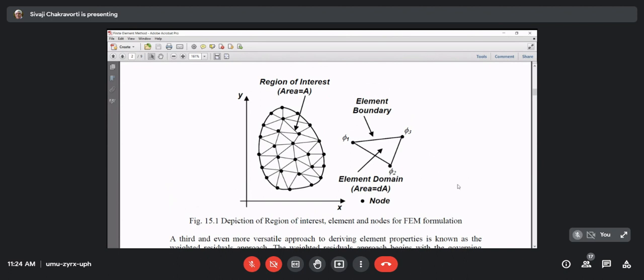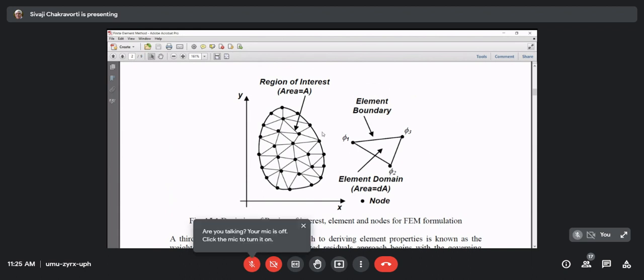So dA into 1 will become the volume of this element. So half epsilon E square multiplied by this volume becomes the energy of this element. But that's not the energy of this entire region of interest. Should I multiply this volume by n number of elements? The answer is no. Why?